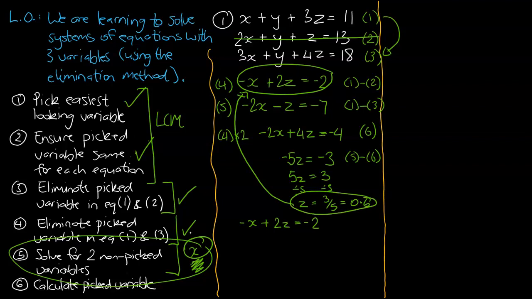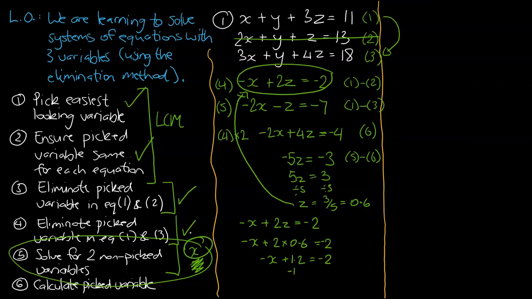I know that z is equal to 0.6. So what I'm going to do is I'm going to go negative x plus 2 times 0.6. So you'll see I've taken out the z and put in the 0.6. And that will be equal to negative 2. That was meant to be a negative sign there. So we can now simplify the multiplication. That's 1.2. So we've got negative x plus 1.2 equals negative 2.